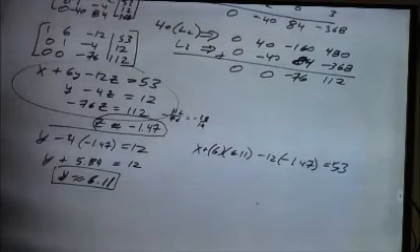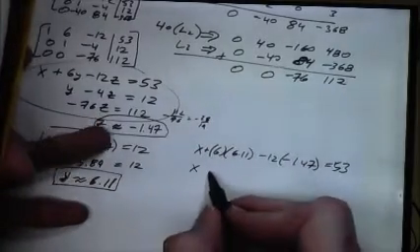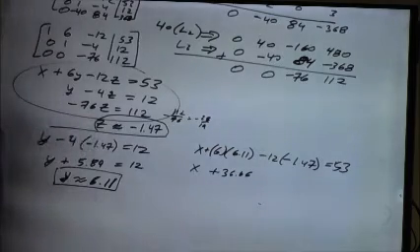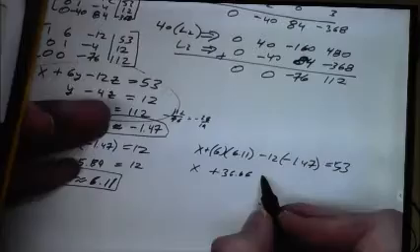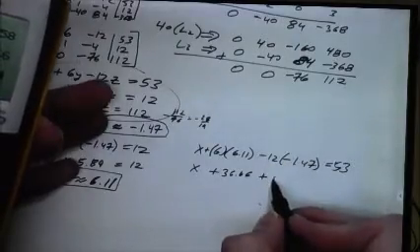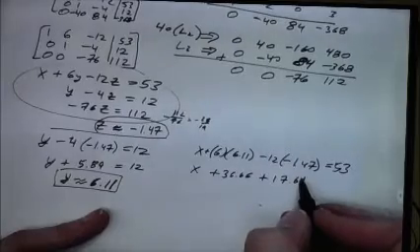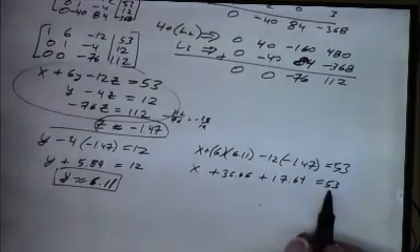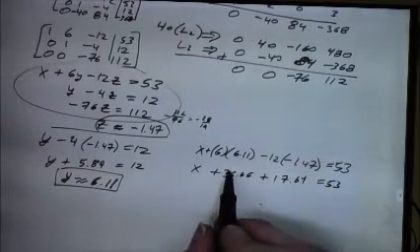So 6 times 6.11 is x plus 36.66, 12 times 1.47. So that's minus and minus, so it becomes plus 17.64 equals 53.